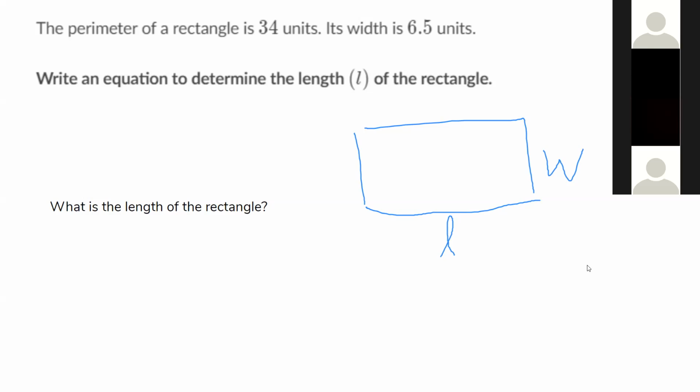Does anyone have an answer for the equation and wants to share it? Or does anybody have any ideas to write the equation?